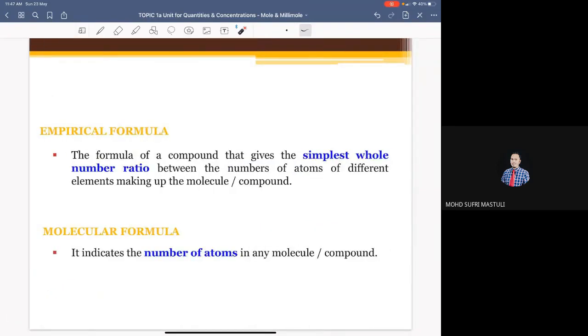All right, now we come up to the empirical formula and also molecular formula. What is the empirical formula? Empirical formula is the formula of a compound that gives the simplest whole number ratio between the number of atoms of different elements making up the molecule or compound. Molecular formula indicates the number of atoms in any molecule or compound.